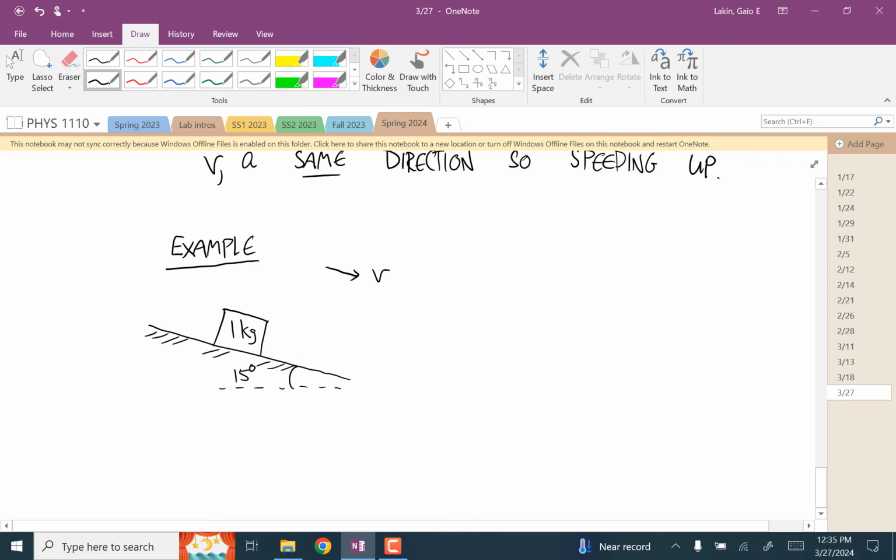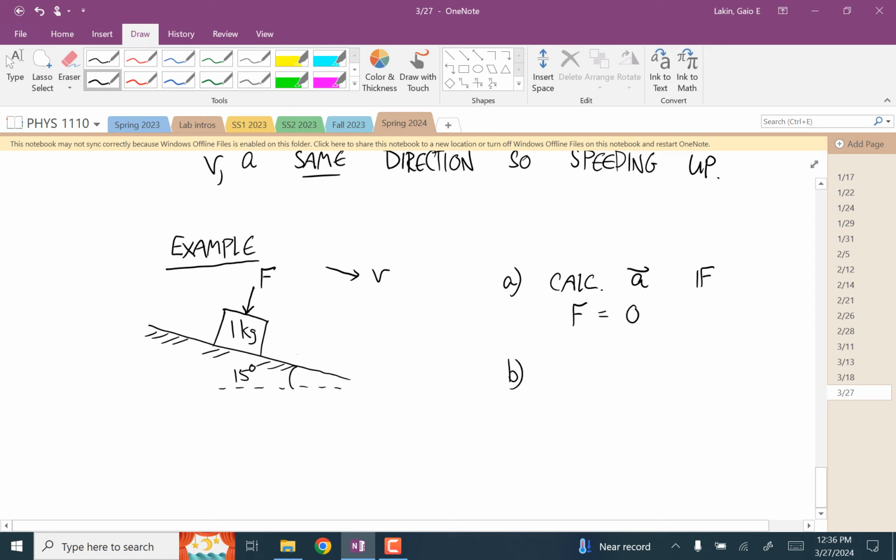And let's think about what happens if you apply a force perpendicular to the surface like this. Let me call this F. And we're first going to do this problem. Calculate the acceleration vector if F equals 0.